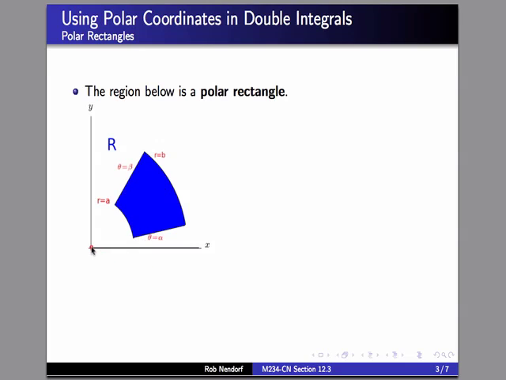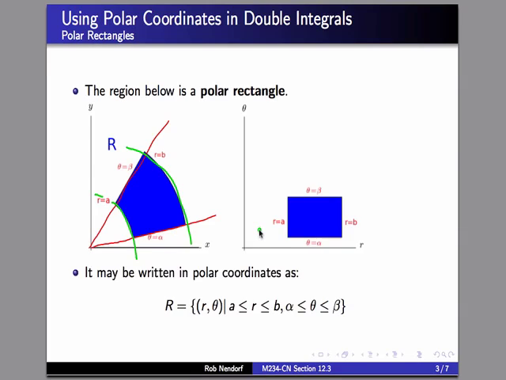This boundary right here is given by theta equals alpha, and this boundary right here is given by theta equals beta, just constant functions of theta. On the other hand, this curve right here is given by r equals a, which is a circle, and this boundary curve right here is given by r equals b, a circle of a larger radius.